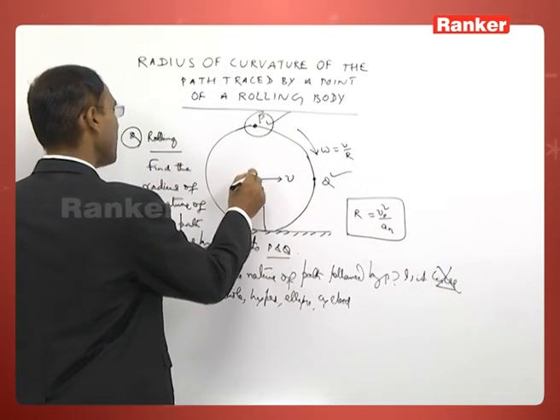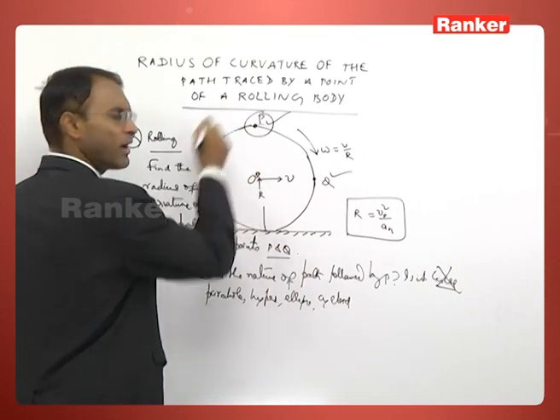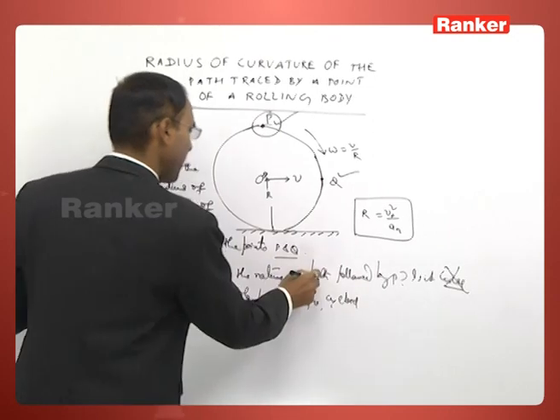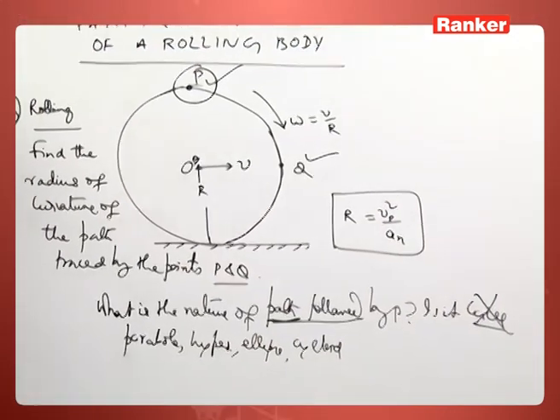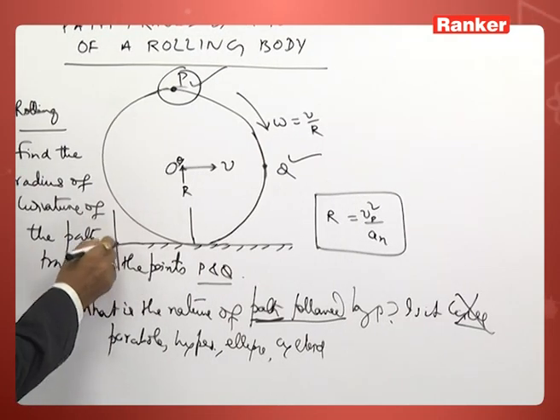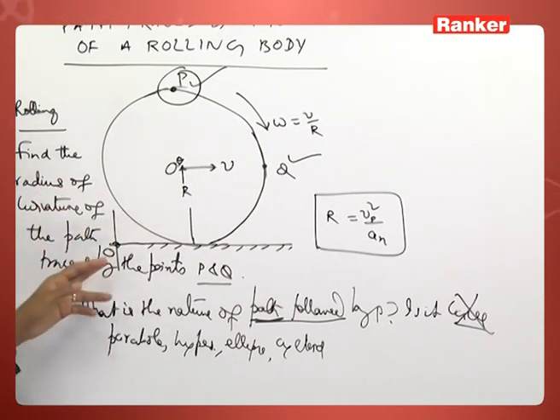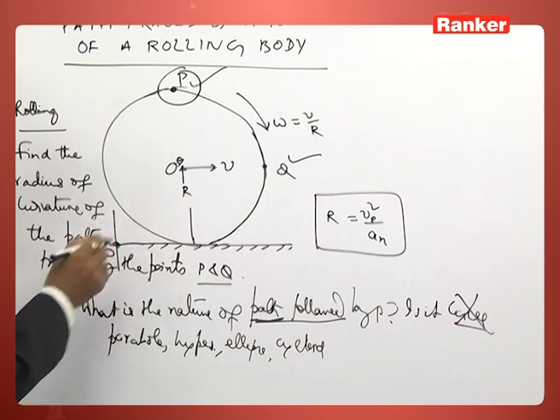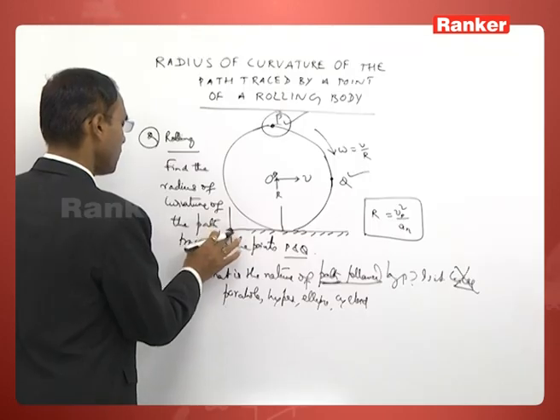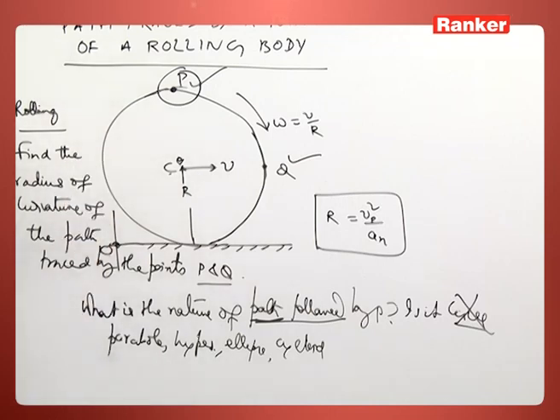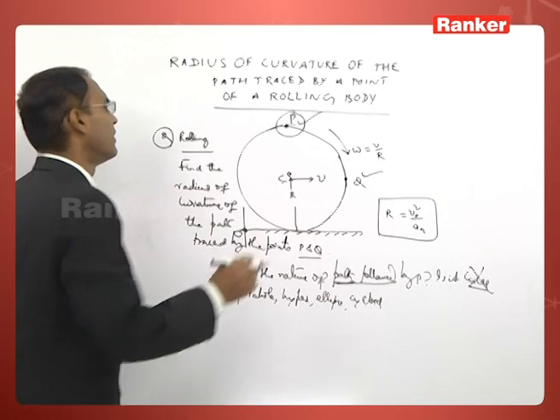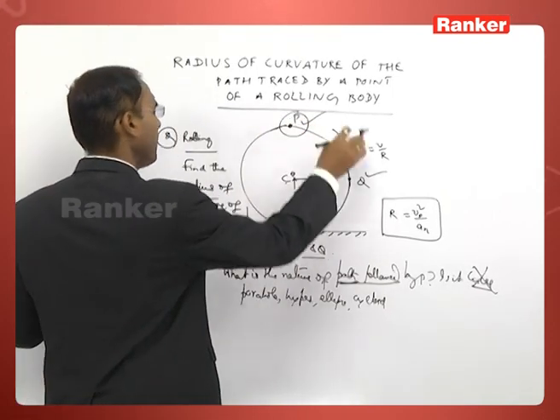Why? Because you may think that if you stand here, you can see that this is moving in a circular path. But when you say path followed by the particle, needless to mention, it is with respect to the ground frame, with respect to a point fixed to the ground, say this point O. This point you can take C. With respect to this fixed point on the ground, the path followed by the point P is not a circle.